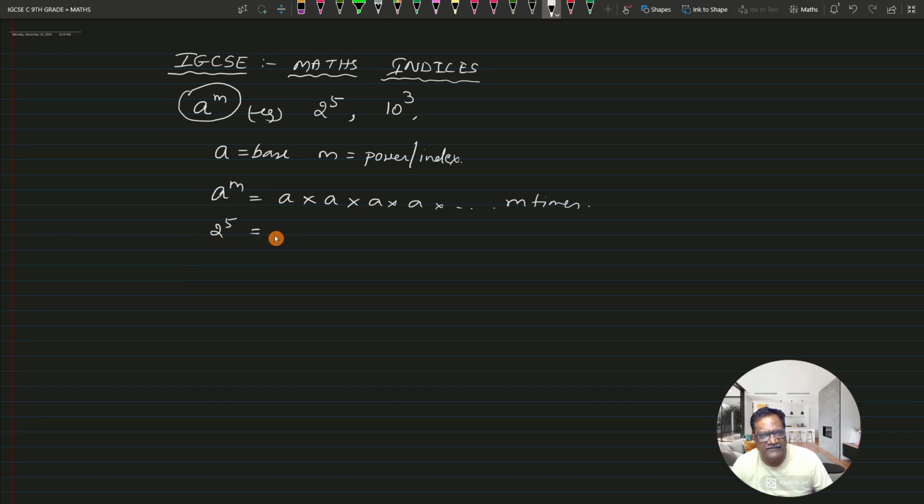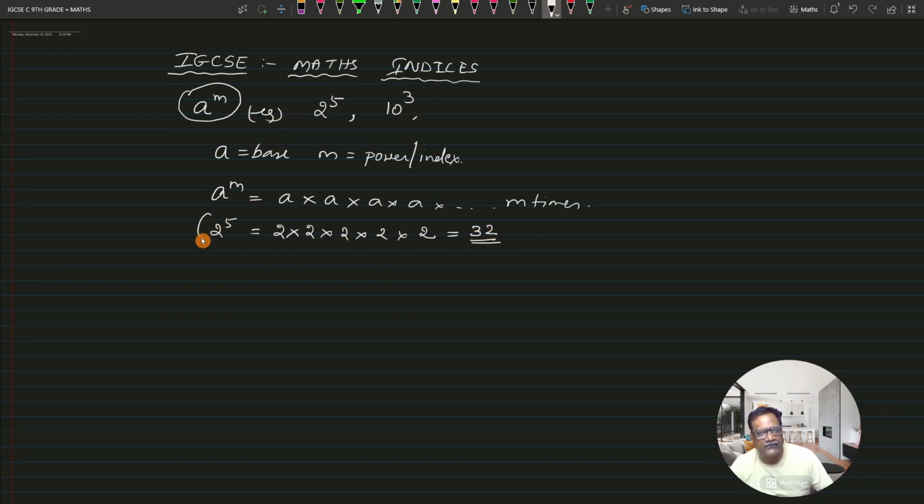The base 2 you have to multiply 5 times. So 2 multiplied by 2 multiplied by 2 multiplied by 2 multiplied by 2. 2 2s are 4, 4 2s are 8, 8 2s are 16, 16 2s are 32. So the answer is 32.